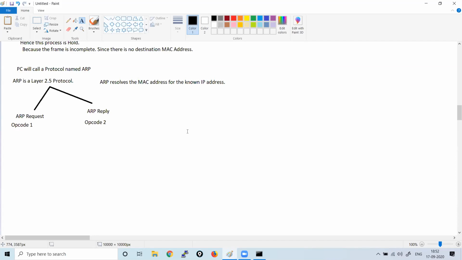In that case as well, people say destination IP address, destination MAC address. Completely wrong. There's no source and destination. It's only about IP and MAC. Am I clear with this thing? Okay. Now, for the known IP address, fine.